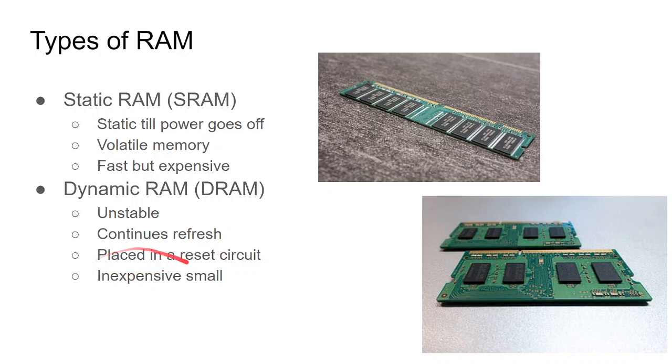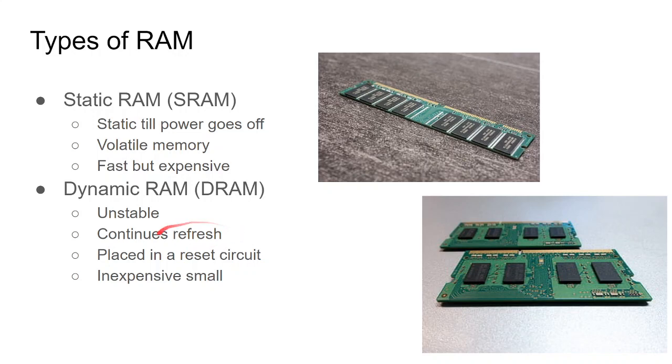Same thing here. You should make a continuous refresh so that whatever data is to be stored in the dynamic RAM is stored in it. So it's very unstable. That is why you need to refresh, and always give the instructions around 100 times per second.